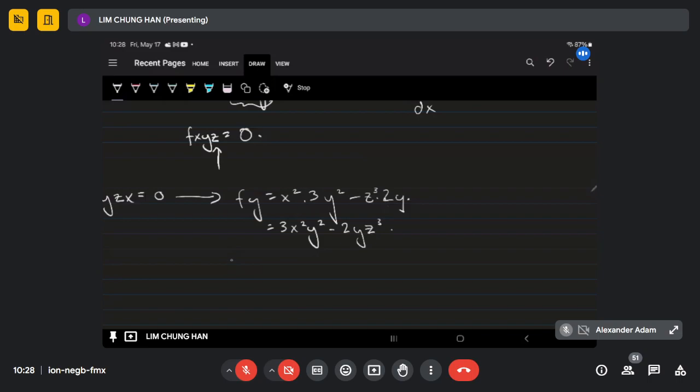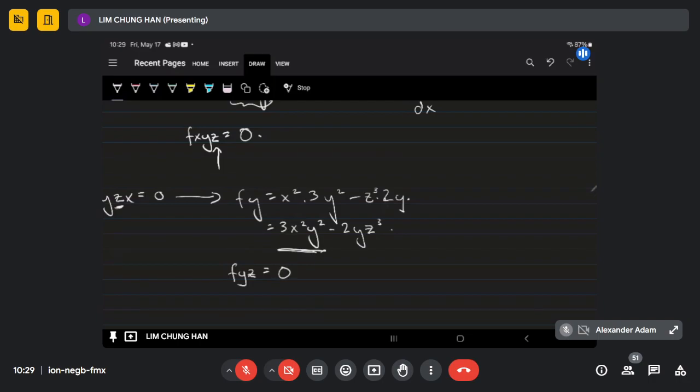Now the second is f y z. Now we are differentiating against z. The first term here, there's no z at all. Everything's constant. If you differentiate against z, what do you think you're going to get? 0.